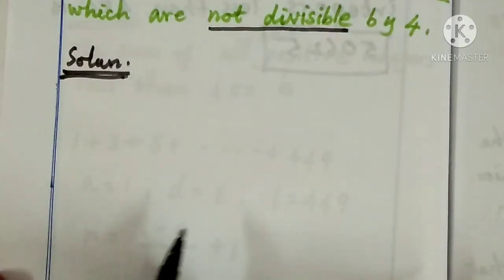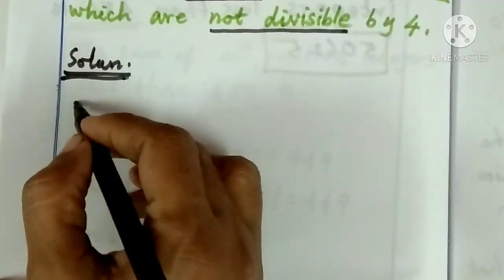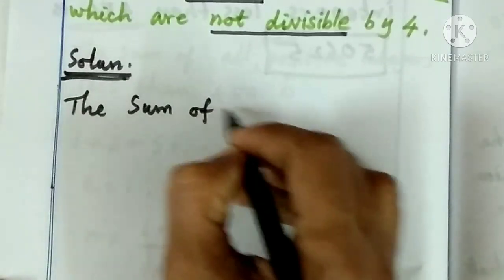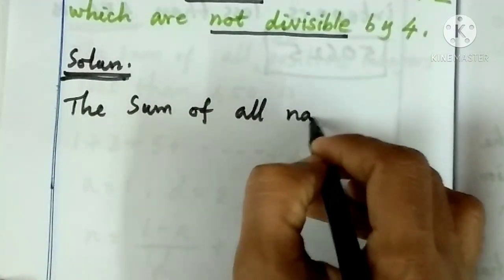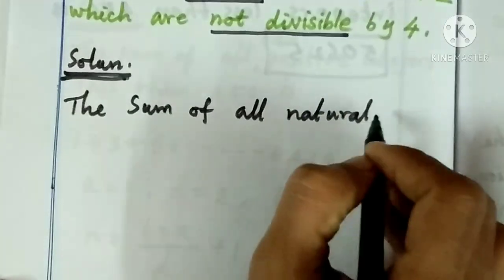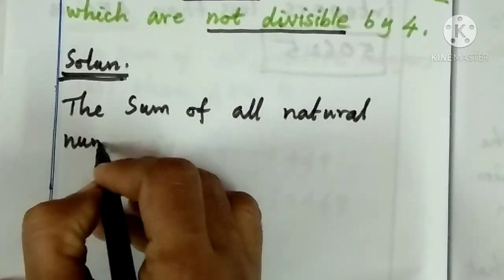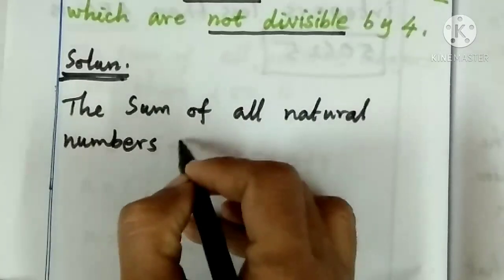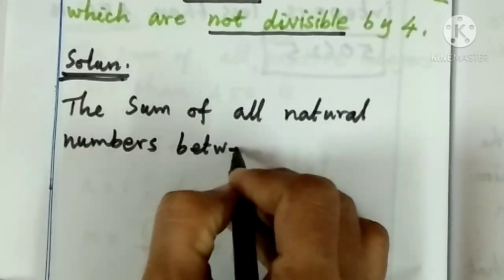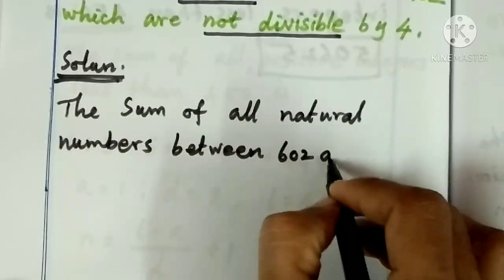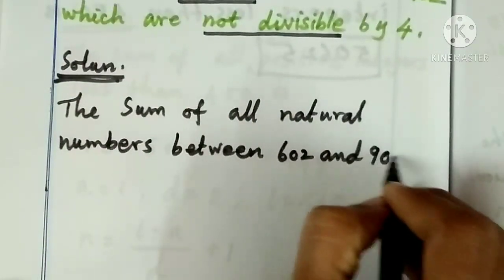First step, we have to find the sum of all natural numbers between 602 and 902.